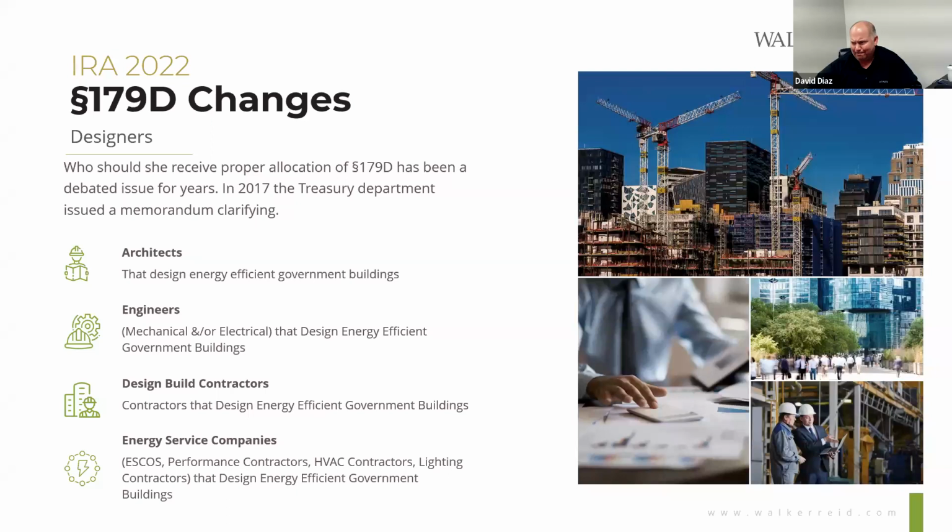So there's a couple different things that happened along with being added to that watch list. The IRS issued a memorandum that essentially laid out scenarios. I believe there's 8 scenarios in that memorandum. They walked you through the thought process and the Treasury's mindset as to who is a designer, what qualifies them as a designer, and why. So the definition of a designer for purposes of 179D is a person who is primarily responsible for the design of the energy efficient commercial building property.